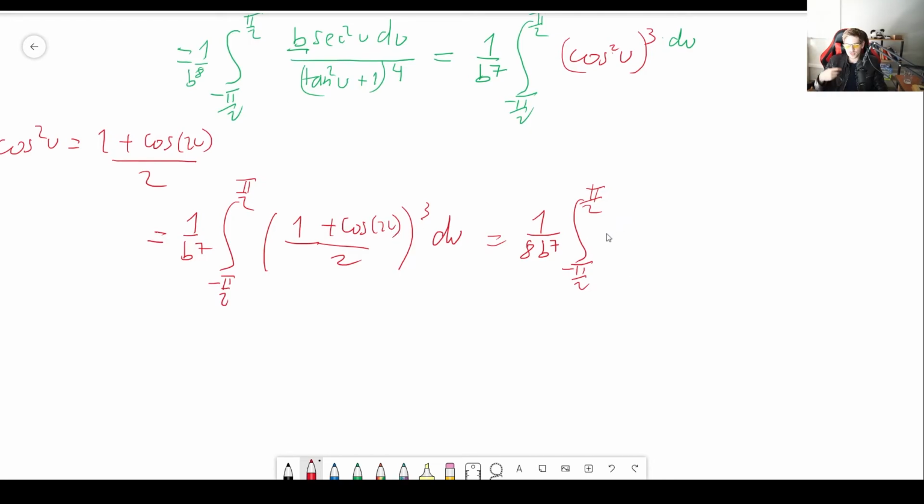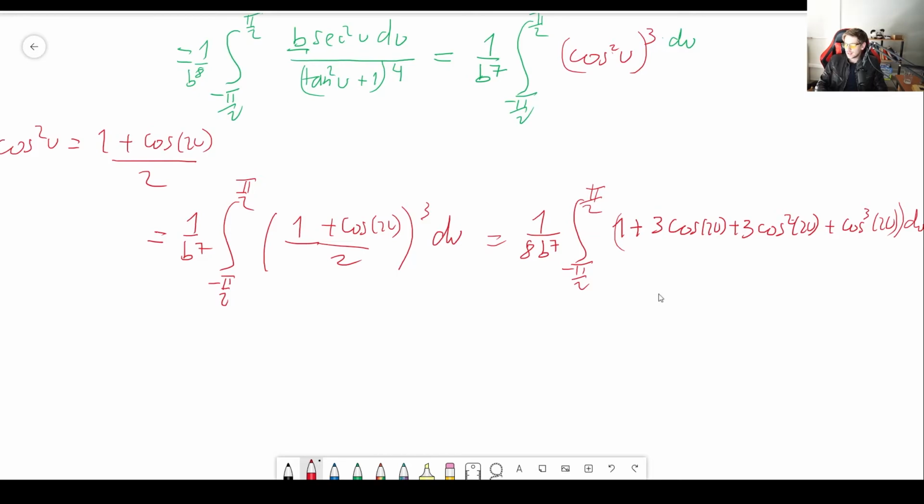So, you know, it's just your binomial cubed. So it's going to be 1 plus 3 cosine of 2u plus 3 cosine squared of 2u, and then plus cosine cubed of 2u du.